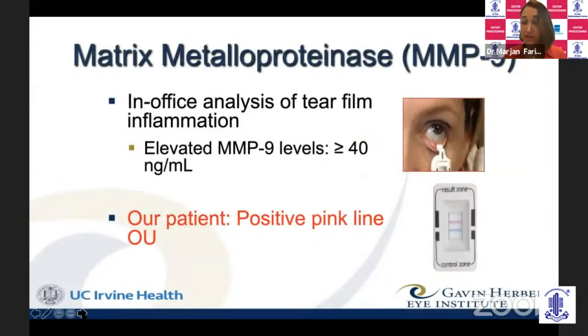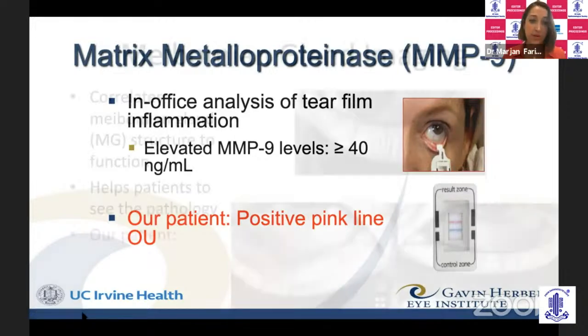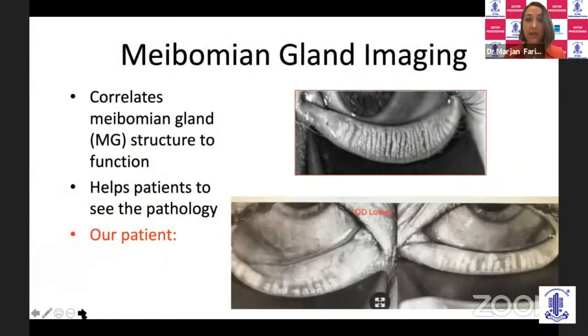I like to look at tear film inflammatory cytokine markers as well. The MMP9 test is great. Our patient here again was positive for MMP9, telling me that there's an inflammatory component to the tear film. And I love Meibomian gland imaging. If you have this available to you, I think it's so critical.